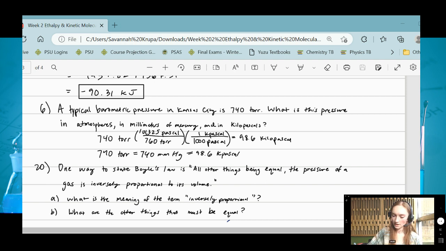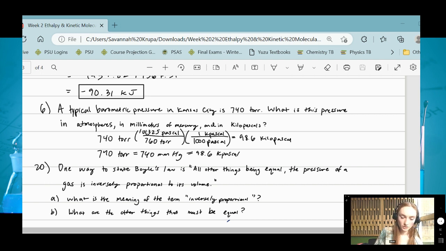And since we need kilopascals, we need to divide by 1,000. For every 1,000 pascals, we have 1 kilopascal. Multiplying that out will give us a value of 98.6 kilopascals. So that is the same pressure in kilopascals.